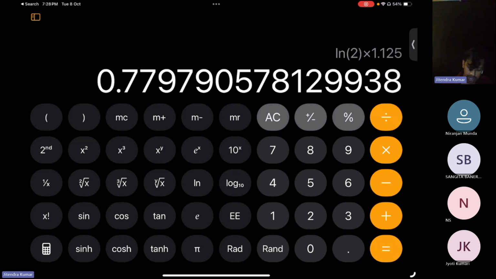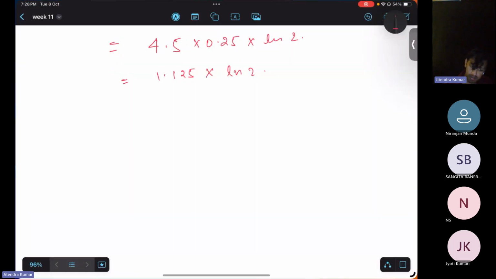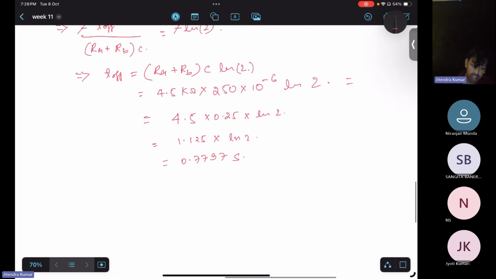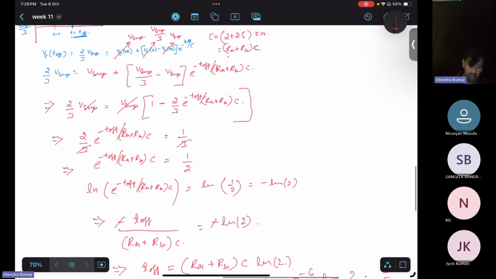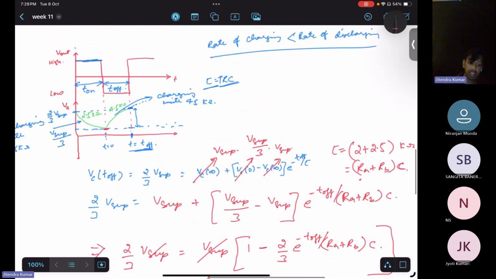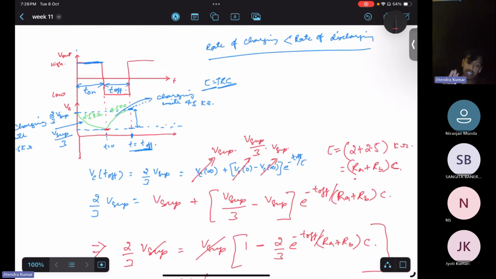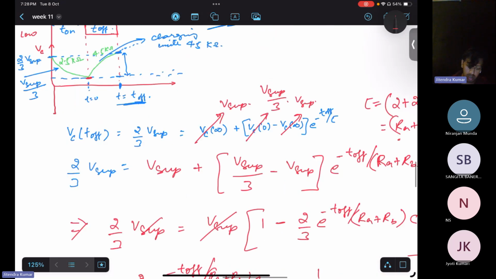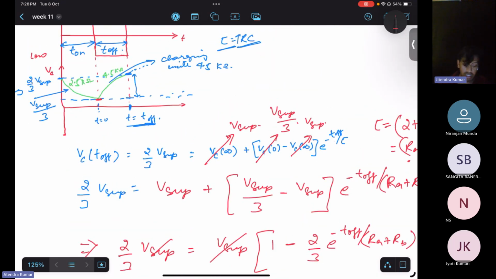So 0.7797 seconds. So this we have calculated off time. When off time means capacitor is charging, then only it is off time, right? Off time means output is low, and capacitor is charging. So we have calculated T is equal to T off. This T off is 0.77.